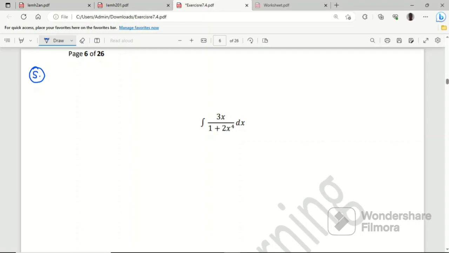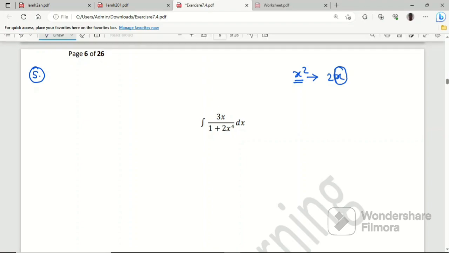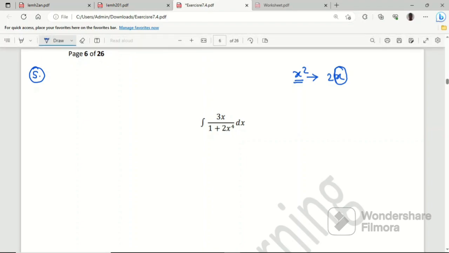If you take x square and find the differentiation of x square, you will get 2x. Yes, in the numerator x is there. So you can try it once. And again, once I take x square, it will give us something like a square plus z square, some other variable. So we can then use our formula that is there in this chapter.